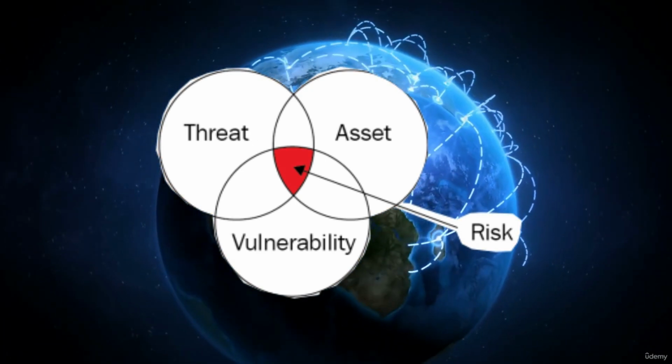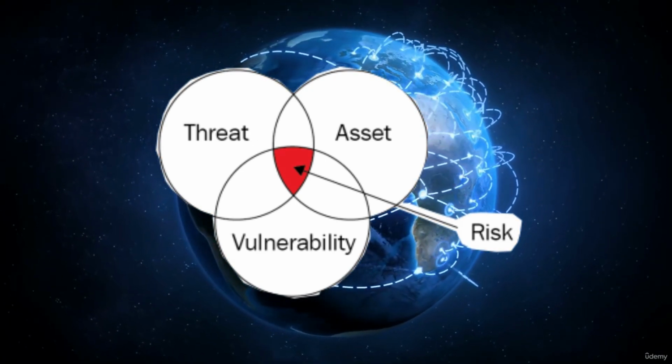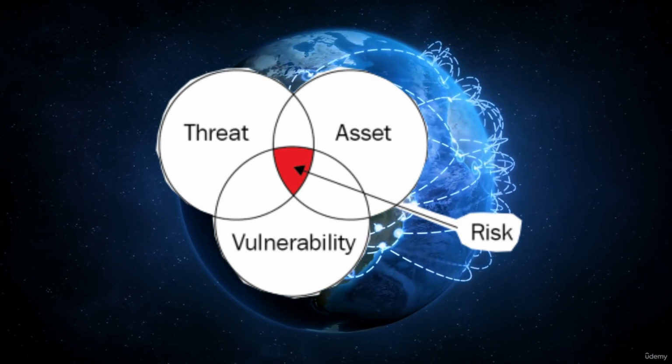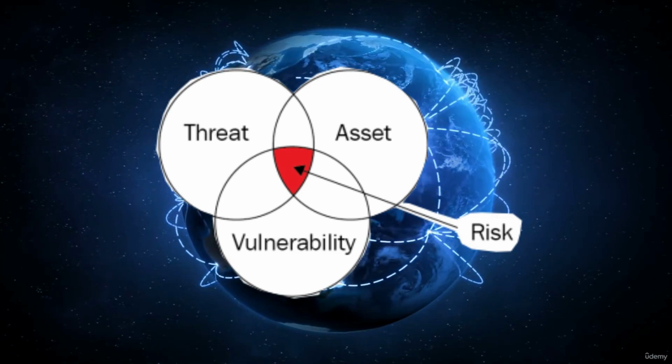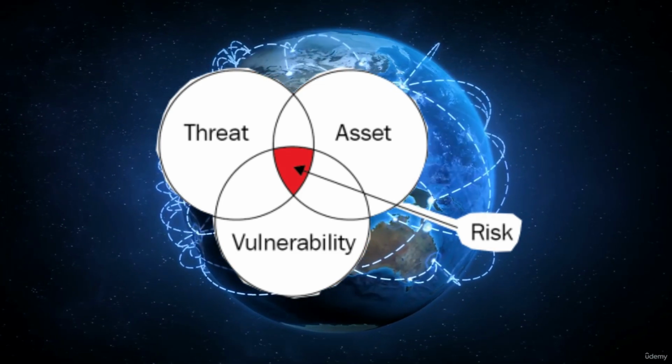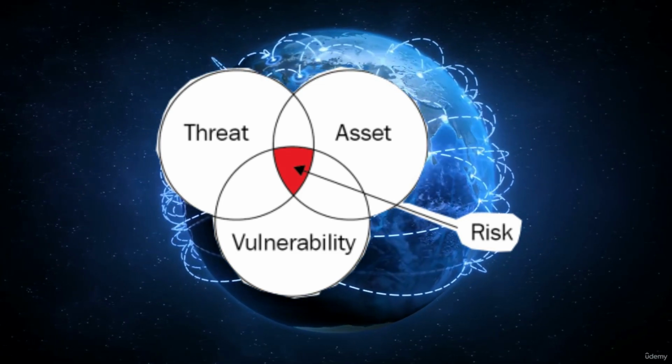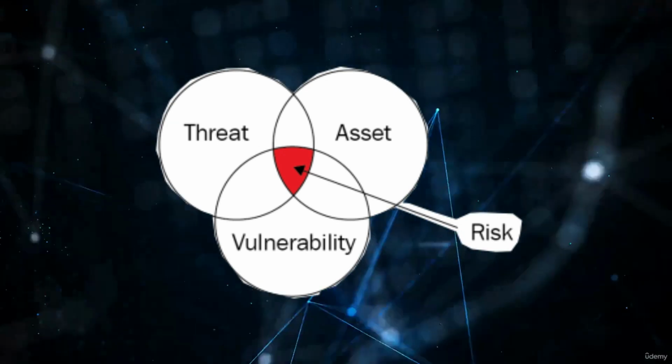Ultimately, this impacts the asset and confidentiality, integrity, and availability. In this diagram, A is asset, T is threat, V is vulnerability, and R is risk.